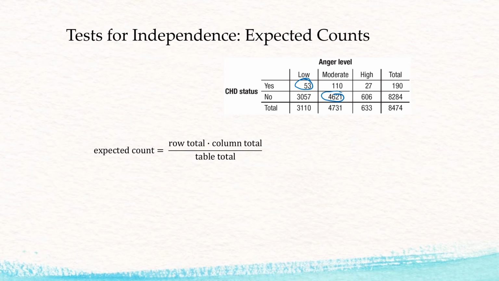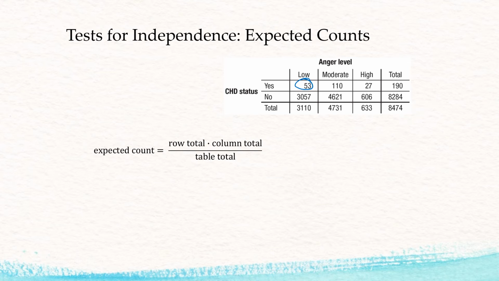Okay, so take a second, get out your calculators. You're going to do row total times column total divided by table total. All right, so I'll slowly work these.